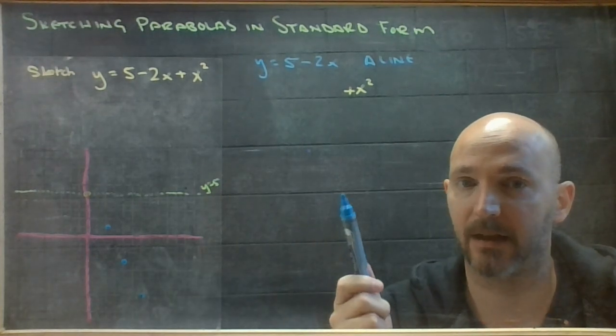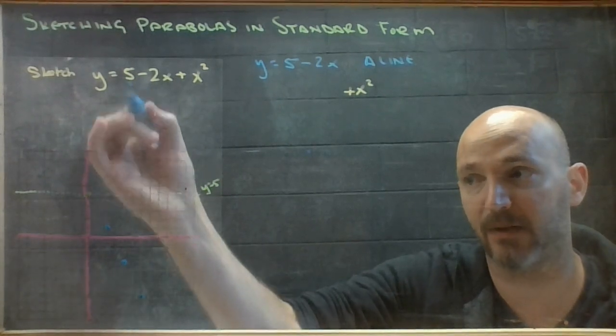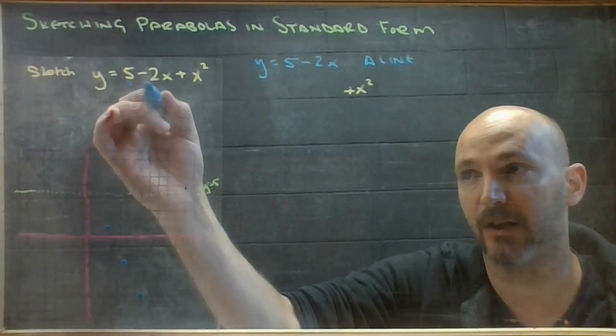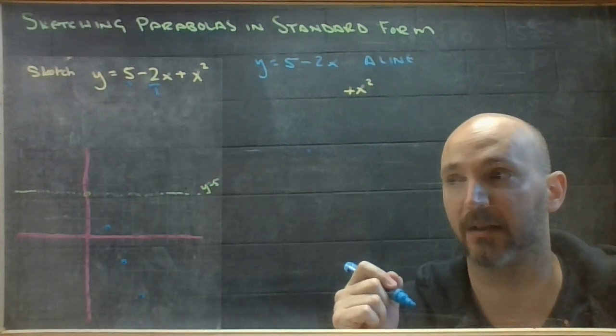And what that ended up generating was a line where you started at 5 on the y-axis and you dropped 2 squares for every 1 you stepped to the right.